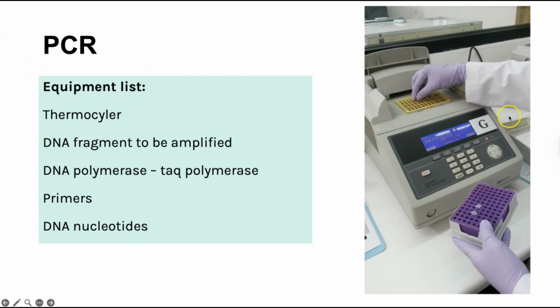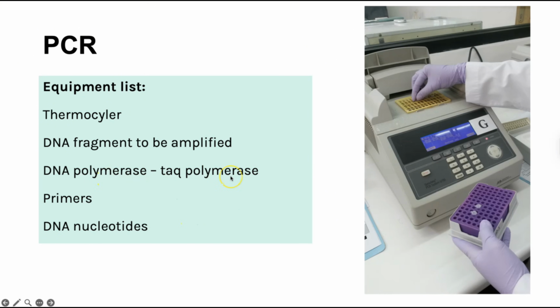So your PCR machine involves this thermocycler machine, and you would need to add your DNA fragment that you want to be amplified. You need to add the enzyme DNA polymerase, a particular type called Taq polymerase, primers, and DNA nucleotides.